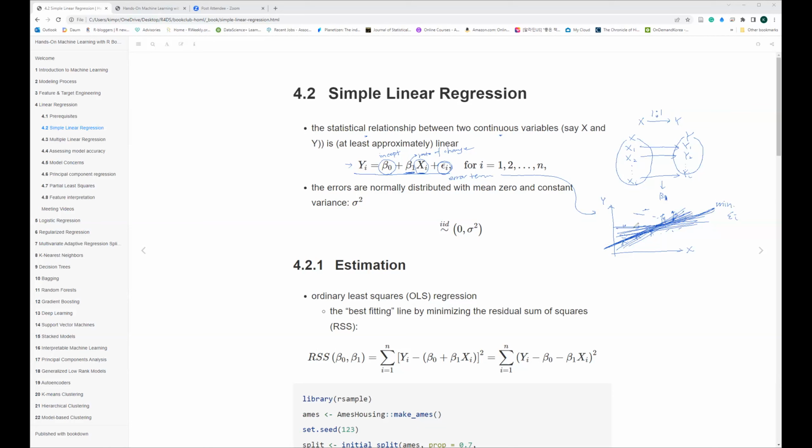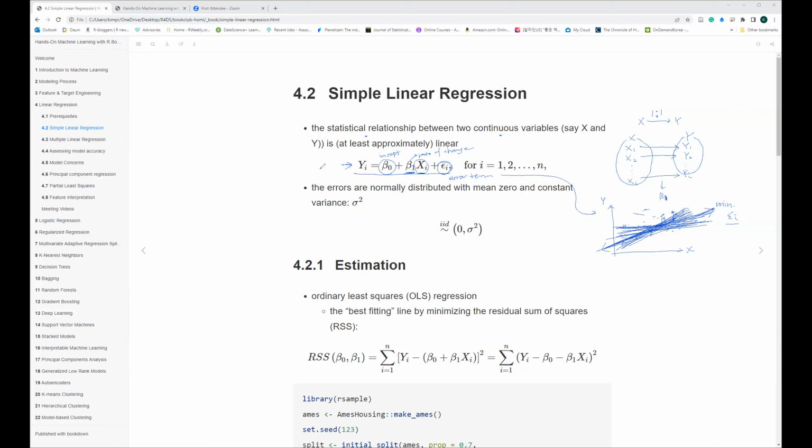The reason we can have a lot of lines is that we have a lot of different observations, and based on those single-point observations, we can draw a lot of potential regression lines on this scatter plot. But what we want to find is the one line that minimizes the error term. That's the basic formula of linear regression.